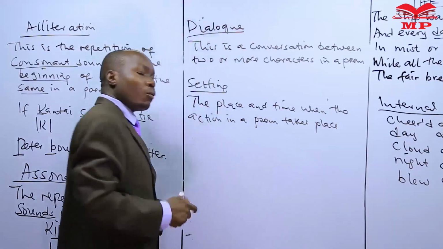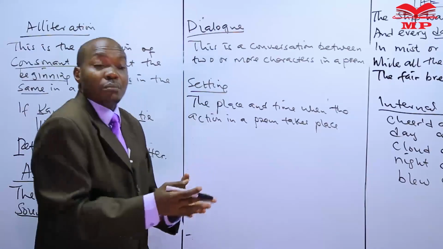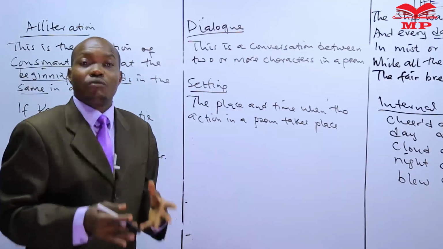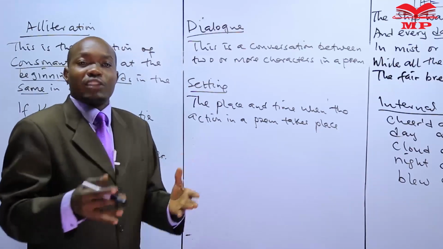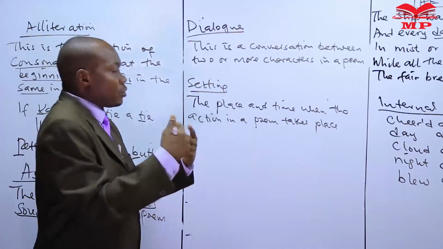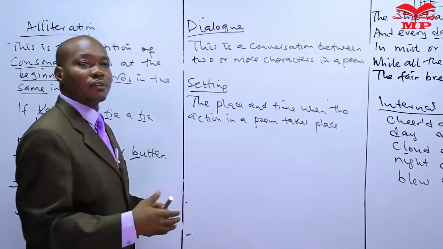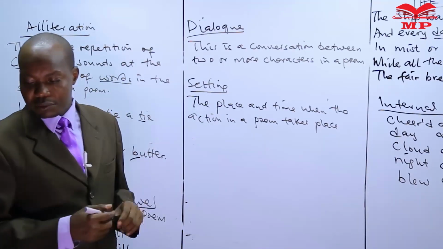So if you are asked what the setting of this poem is, it means where. A poem can be set maybe in a classroom, in a forest, near a river, in a church or a place of worship. So it means the place, and also time. Can be in the morning, late at night, or even a season. So we call that setting.